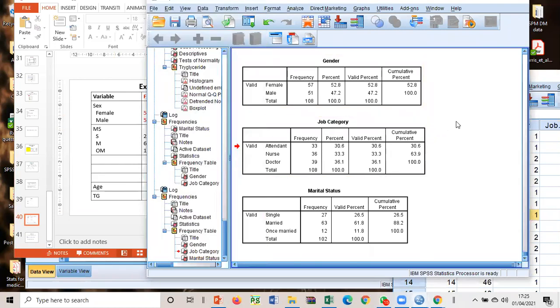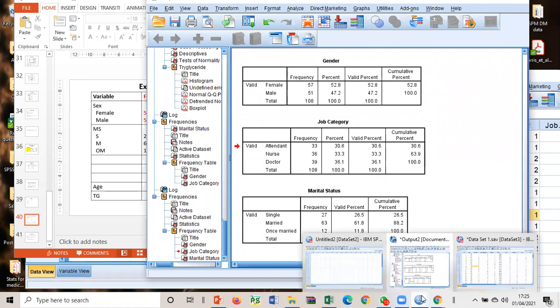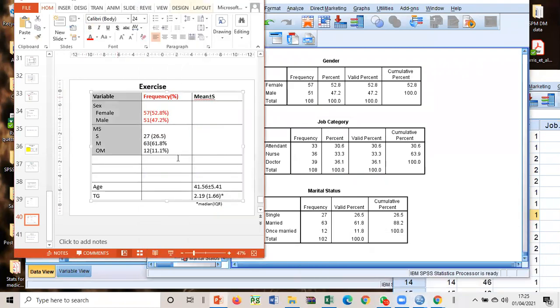Now, what I'm going to do is, since most of you don't have the software working, I will take the data, run some analysis and send you the output. You write this final table.